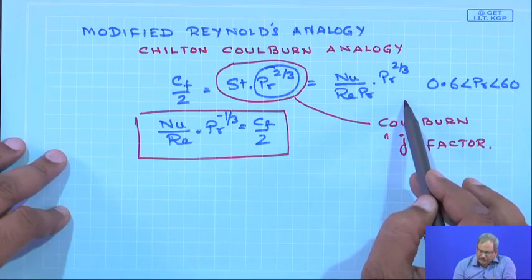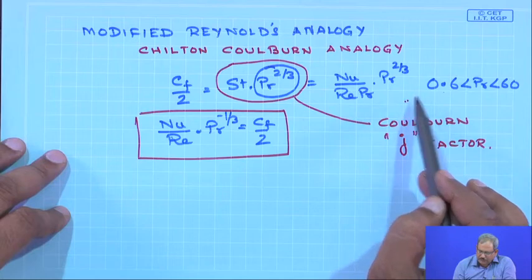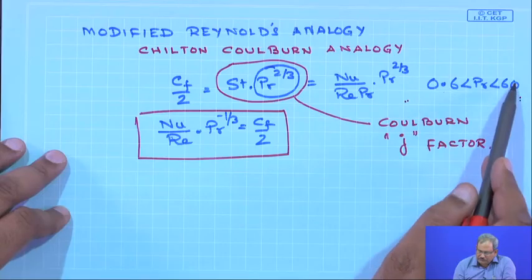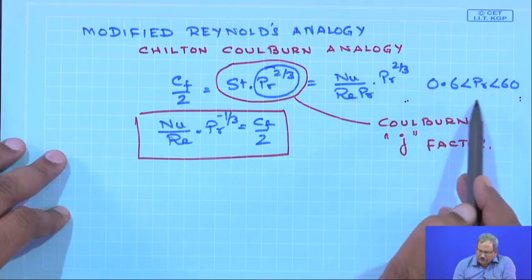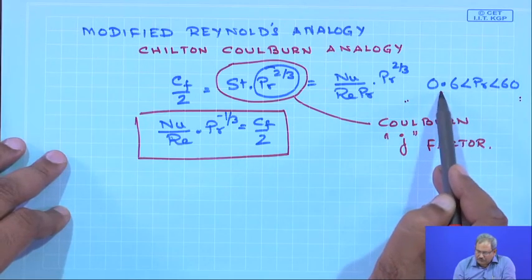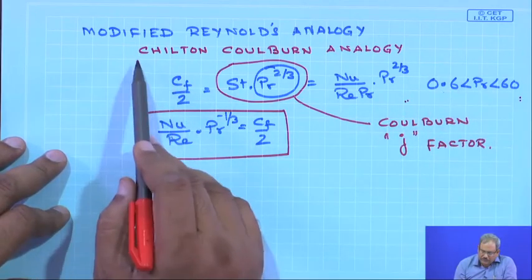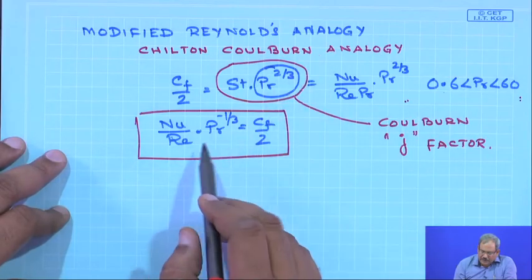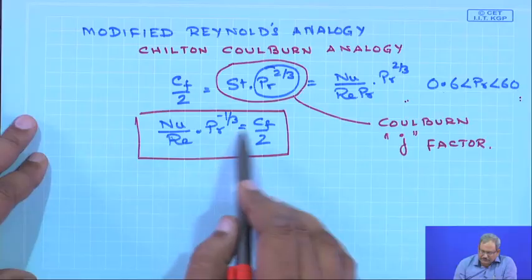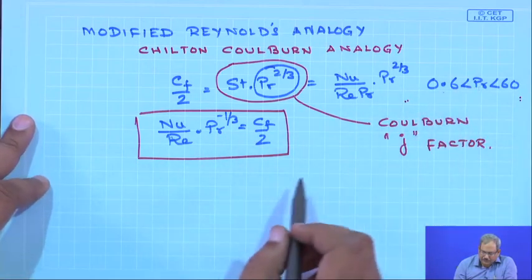So, if we exclude these two special types of fluids, most of the fluids that we ordinarily come across would be in this range, and therefore the Chilton-Colburn analogy extends this for a wide range of Prandtl number.